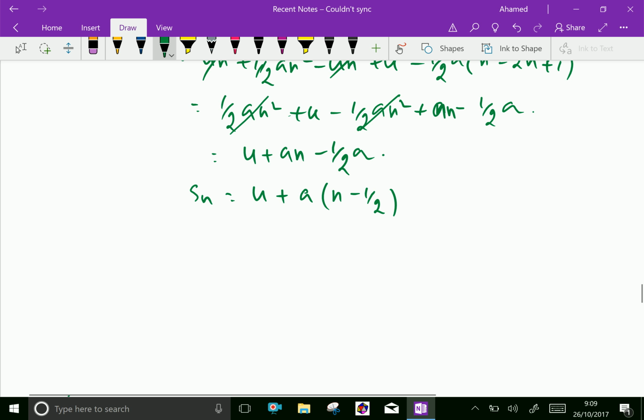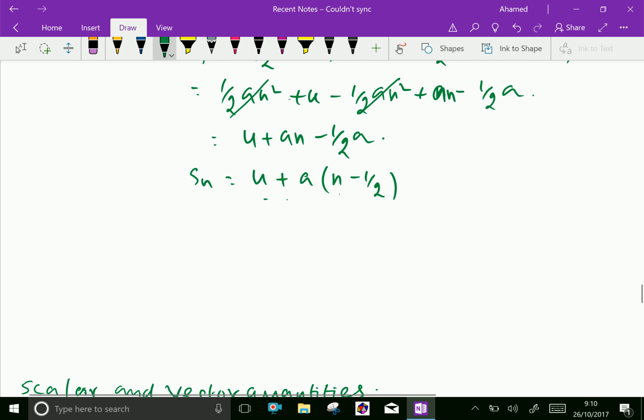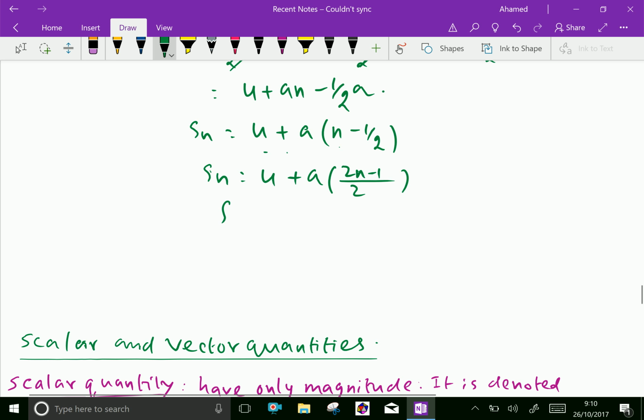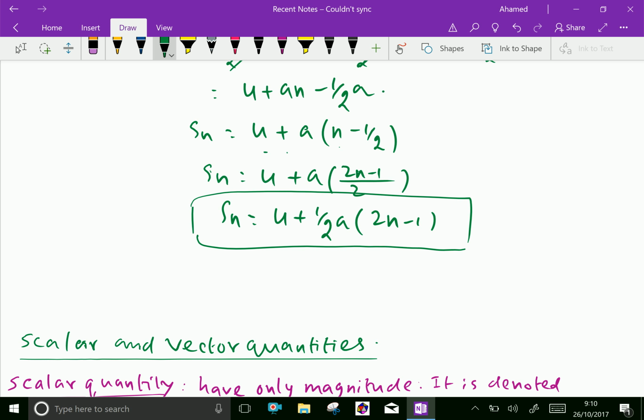Further simplification, Sn equal u plus a into n minus half. By further simplification you get u plus a by 2 times 2n minus 1. Therefore Sn equals u plus half a times 2n minus 1, which is the distance traveled by the body in the nth second.